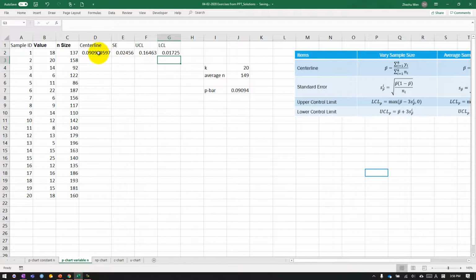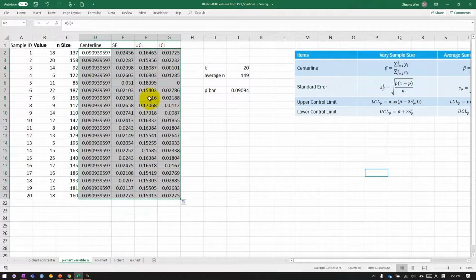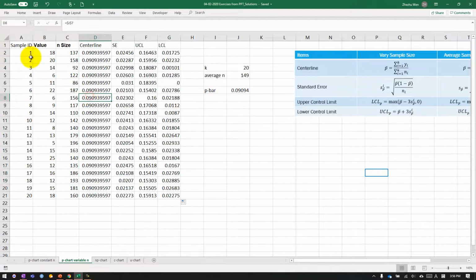With this set up, I think I can just double click. Voila, you have completed everything you need to construct a P-bar chart with various sample size.